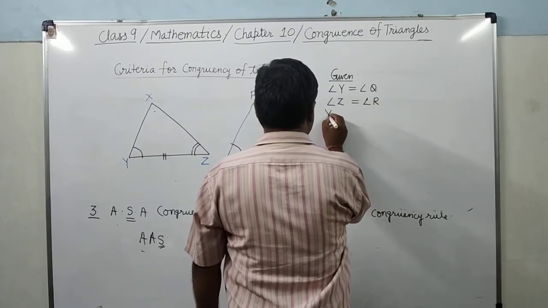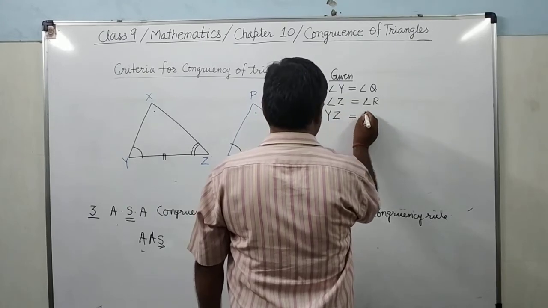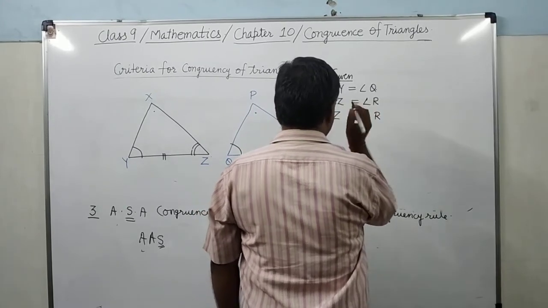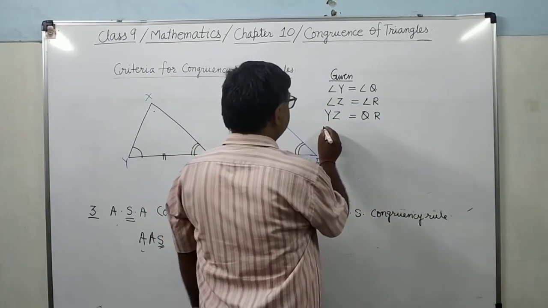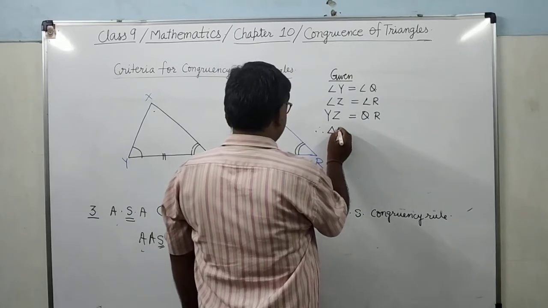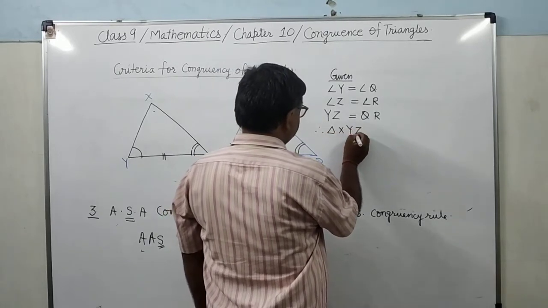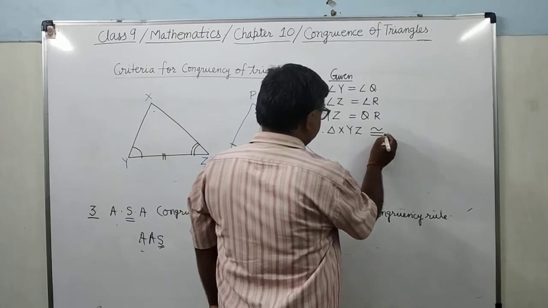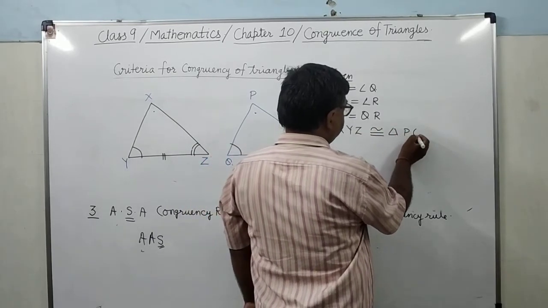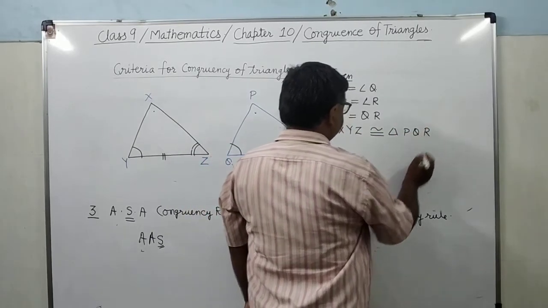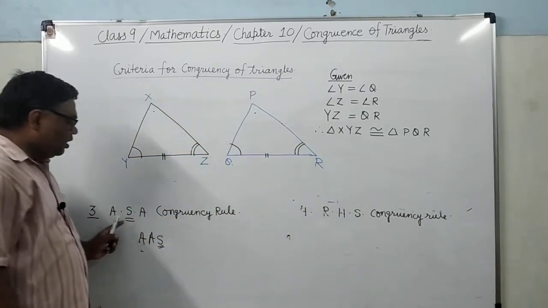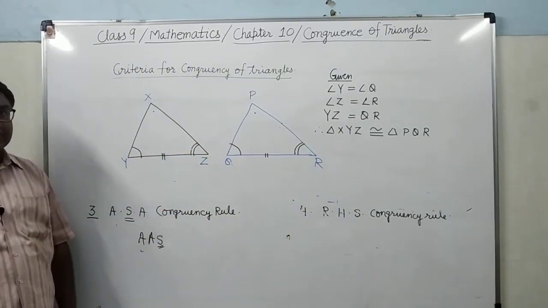And YZ is equal to QR. Therefore, triangle XYZ is congruent to triangle PQR. By which criteria? By ASA congruency rule.